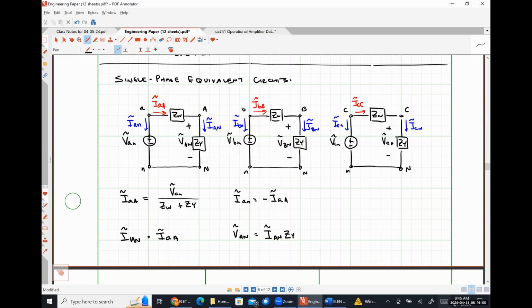We cannot directly solve for our line voltages because these are three independent circuits. And our line voltages, by definition, are measured between transmission line terminals. So we'd be looking for the voltage between terminal A and terminal B. There is no terminal B in the A phase equivalent circuit. So that can't be done.